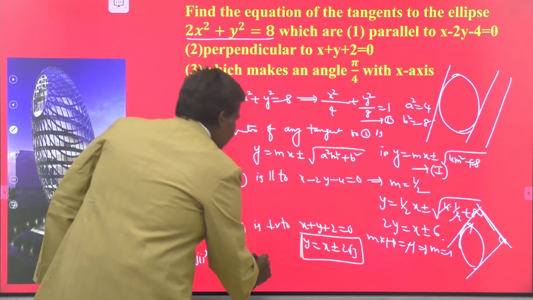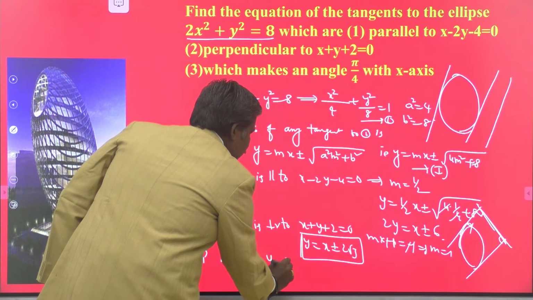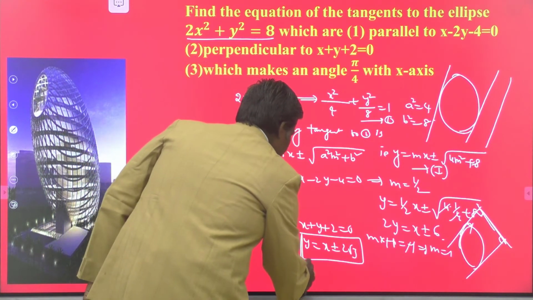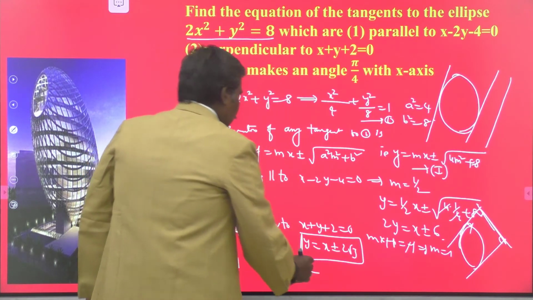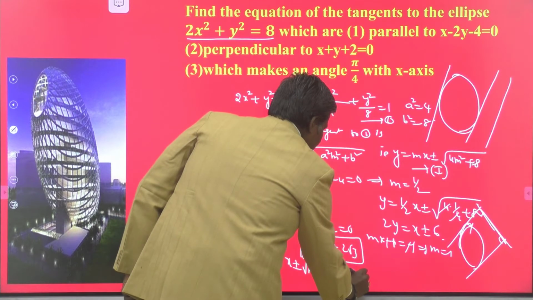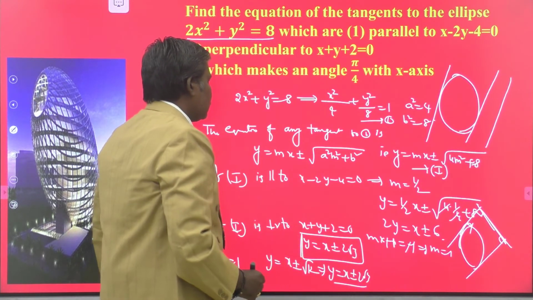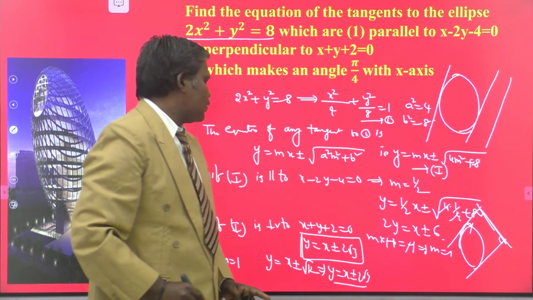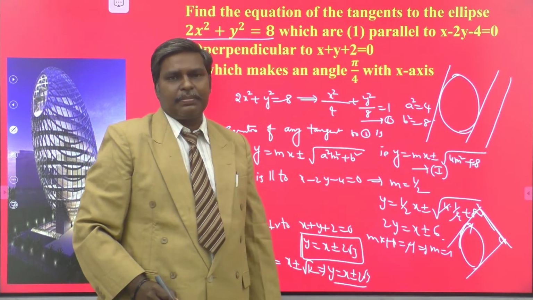So the equation becomes what? y is equal to x plus or minus root 12. In the same manner, 2 root 3. y is equal to x plus or minus 2 root 3. Because the slope of the line here is m equal to 1, and here also m equal to 1, both the answers are the same.